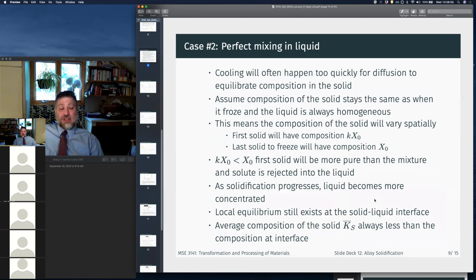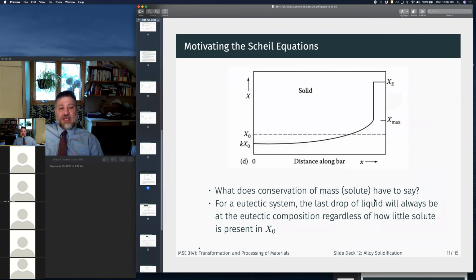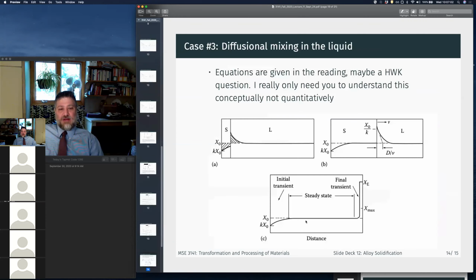Okay, so we still have to have mass balance. We have a steady state regime until the amount of liquid that we have left at the end of this bar is less than the pileup length.